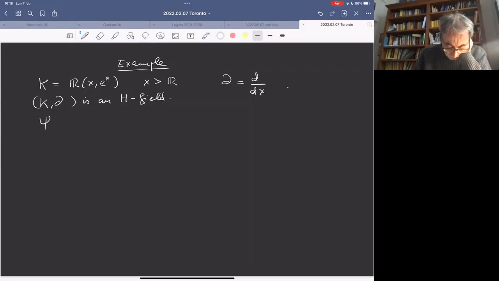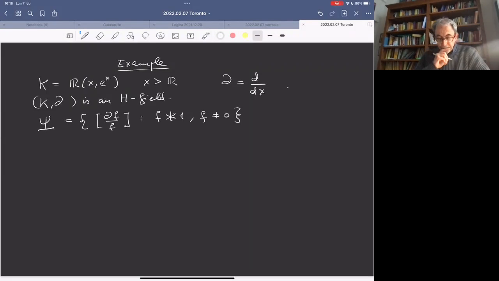And let's compute the psi set. Psi is the set of the Archimedean classes of all f'/f, such that f is not comparable to 1 and different from 0.